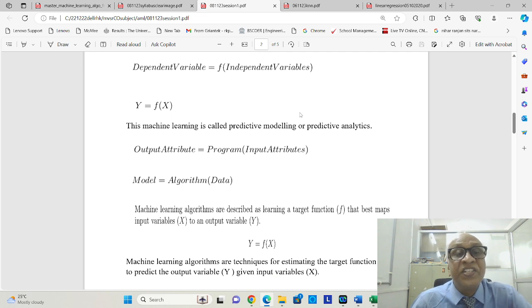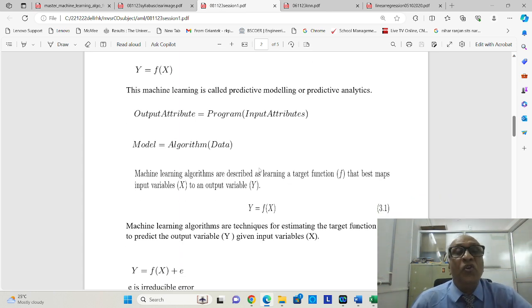If this is the relationship, it can be written as y = f(x), and this kind of relationship is a kind of machine learning called predictive modeling or predictive analytics. So if the relationship is y = f(x), it can be read as output attribute = program(input attribute).